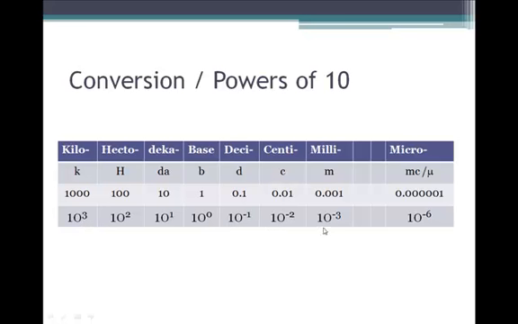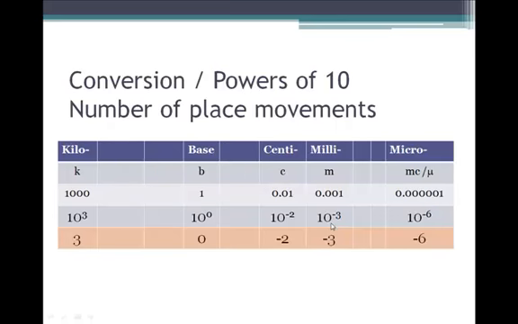If we go down lower, it's going to be negative 3 places, so that is 10 to the negative third power. So when we're looking at conversions by powers of 10, we can look at the number of places we need to move from the base.